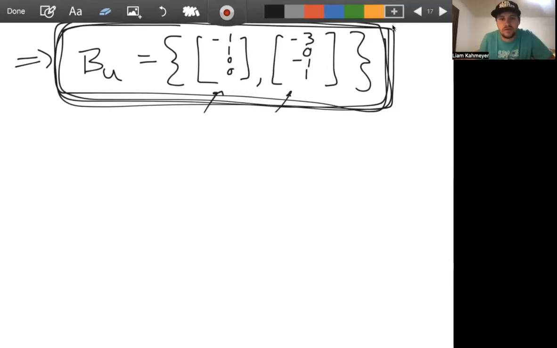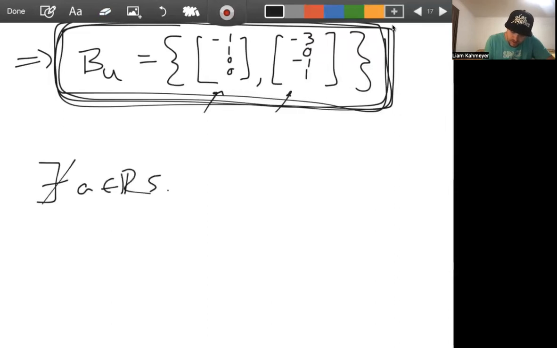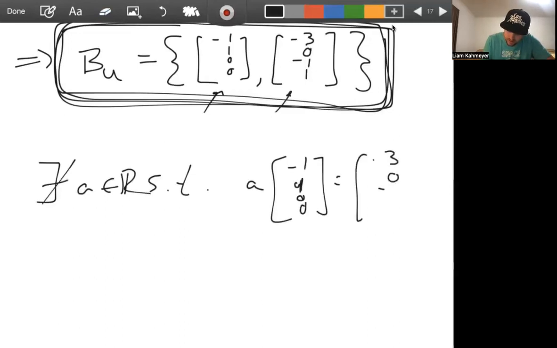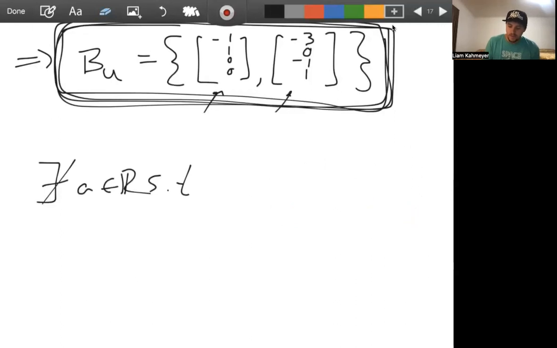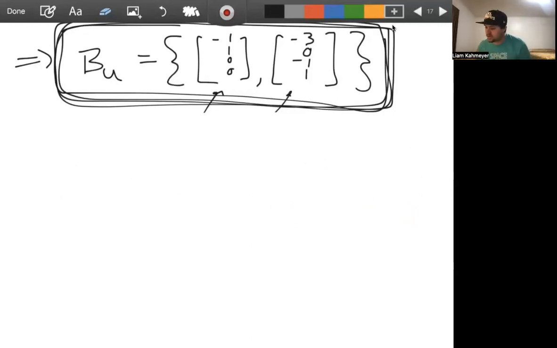You can just say in words that there does not exist A in R such that A times -1, 1, 0, 0 is equal to -3, 0, -1, 1, right? Because the bottom would imply that 0 equals 1, so you're done. Okay. So this was a pretty good problem finding a basis for a given subspace of R4.